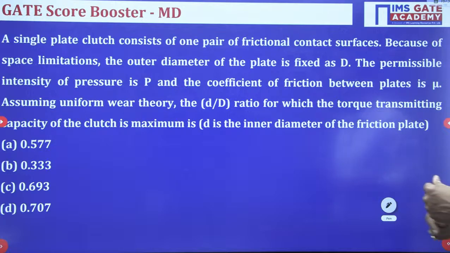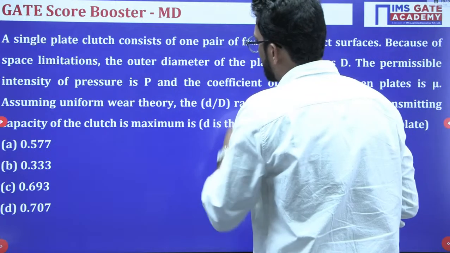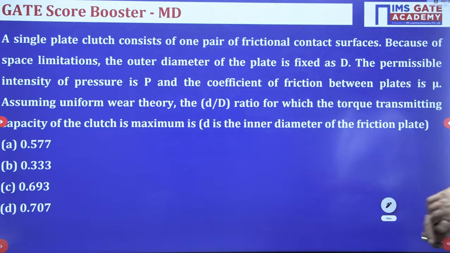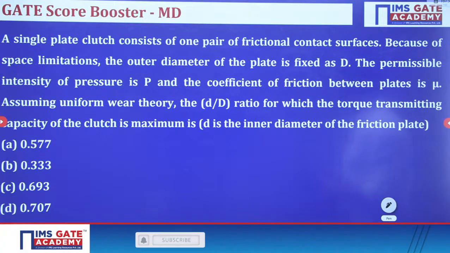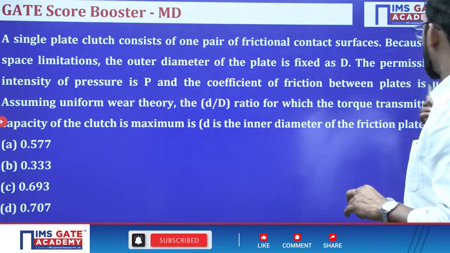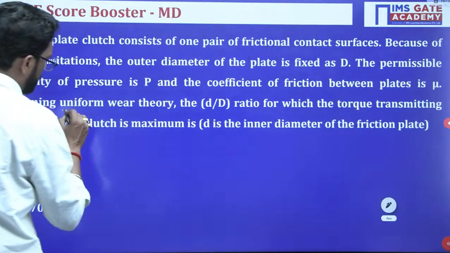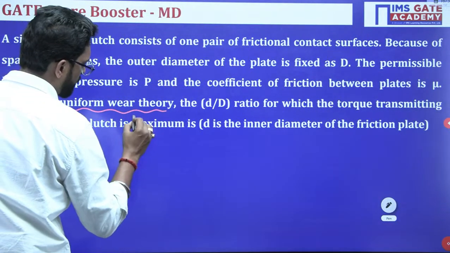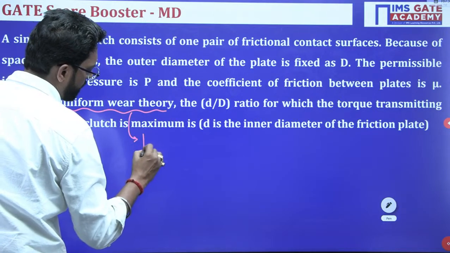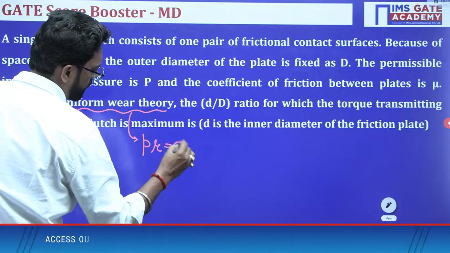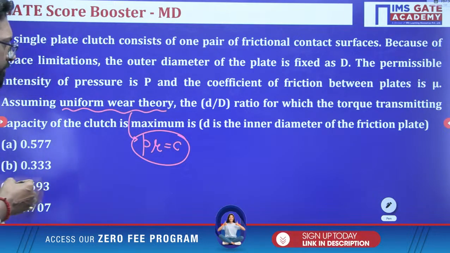The permissible intensity of the pressure is P, and the coefficient of friction between the plates is mu. Assuming uniform wear theory, that means P into R is equal to constant. This is the uniform wear theory.